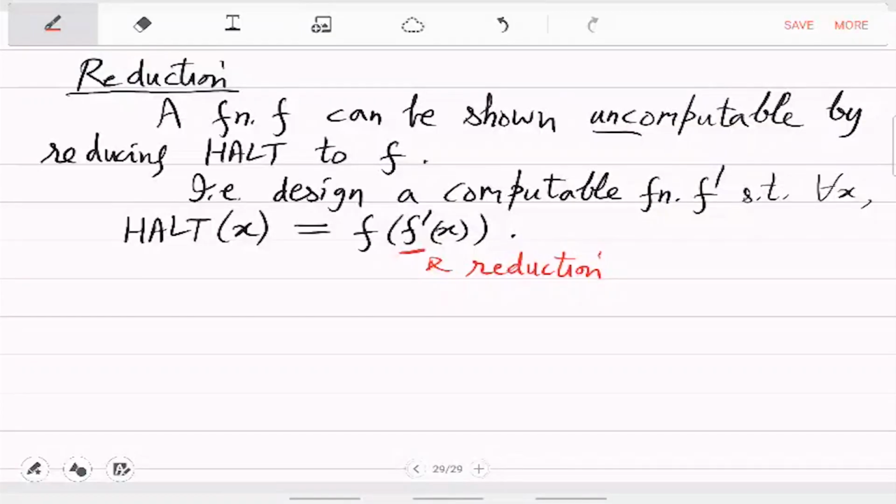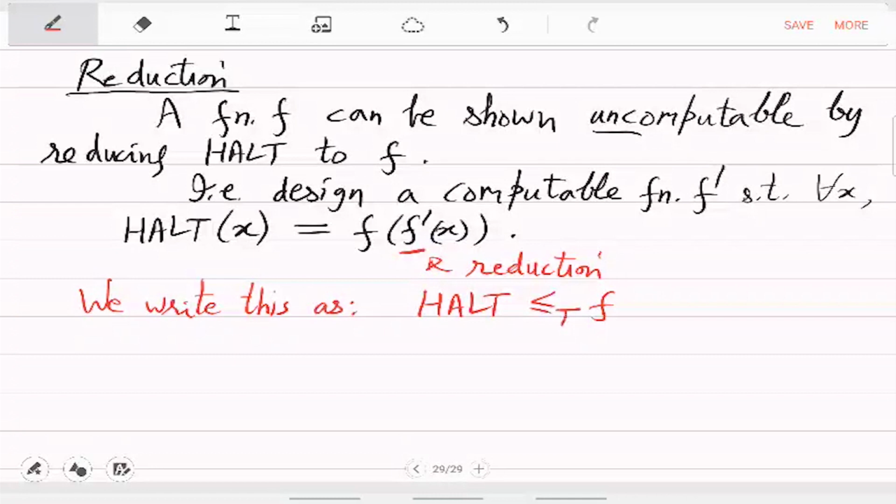We write this as halt reduces to f, a Turing reduction.